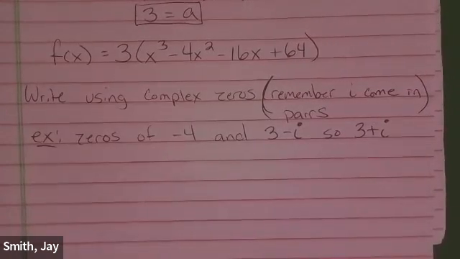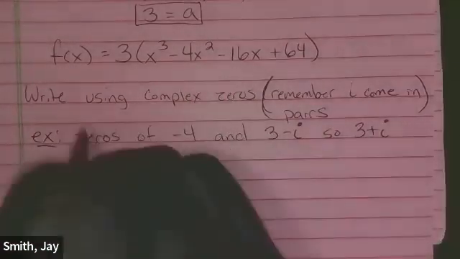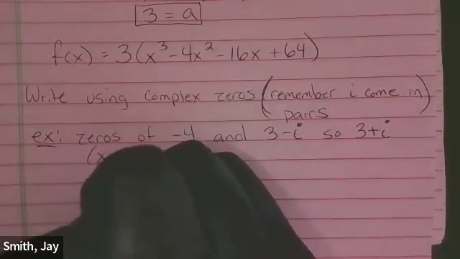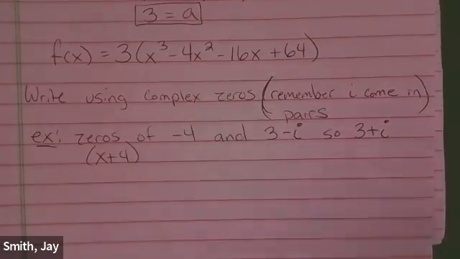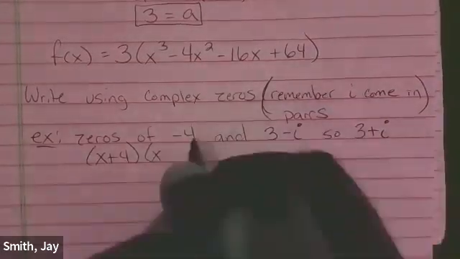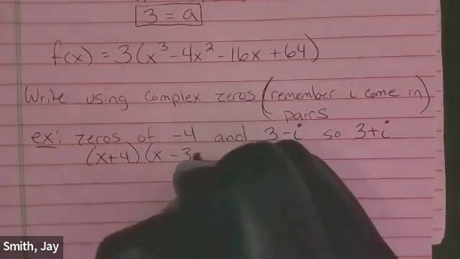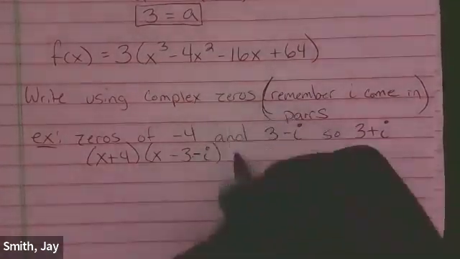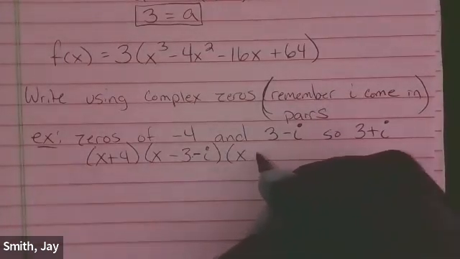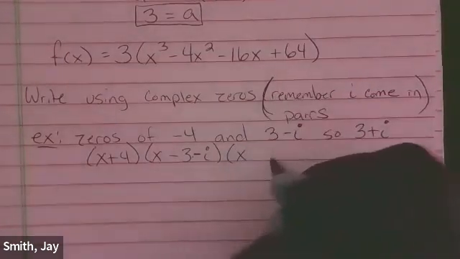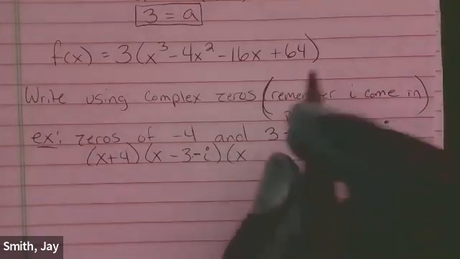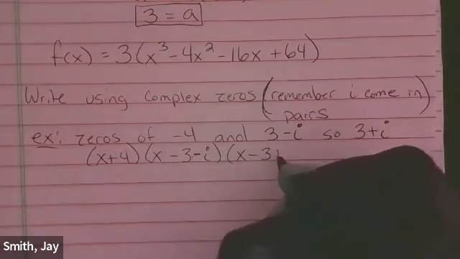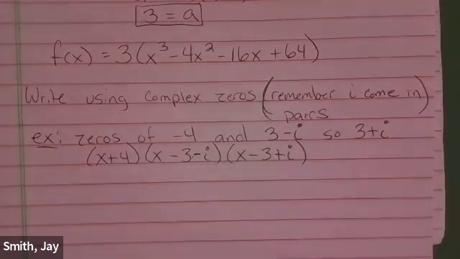So what we actually have to multiply is a list of factors. x plus 4, that's the factor we get from the zero of negative 4. x minus 3 minus i is another factor that comes from the zero of 3 minus i. And x minus 3 plus i is another factor that we get from the zero of 3 plus i.